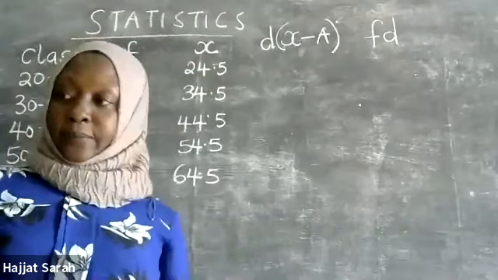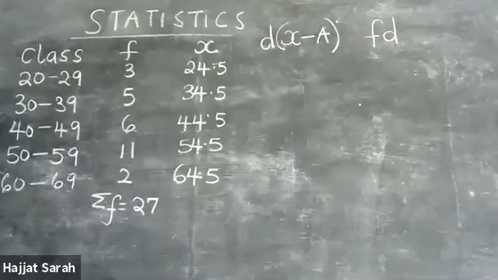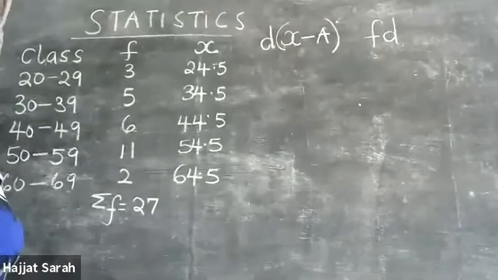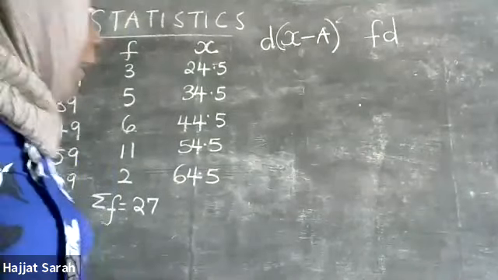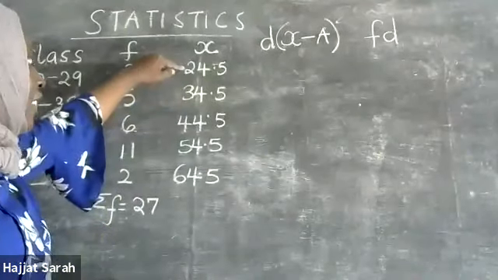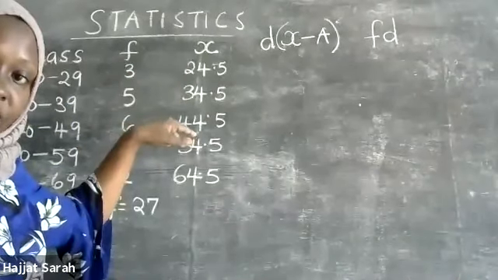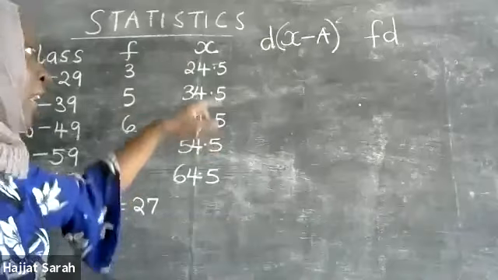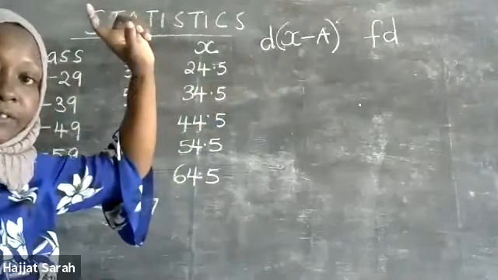What would you get? Negative 20. You can see that 24.5 is smaller than the working mean they told us to use. So definitely, if it is x minus A, then the value I get here will be negative.